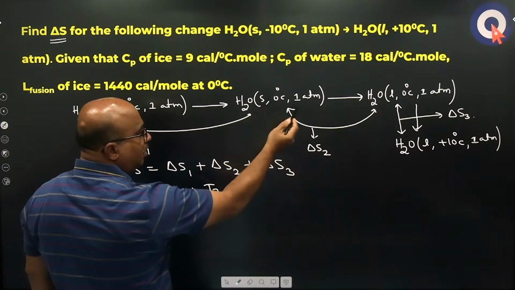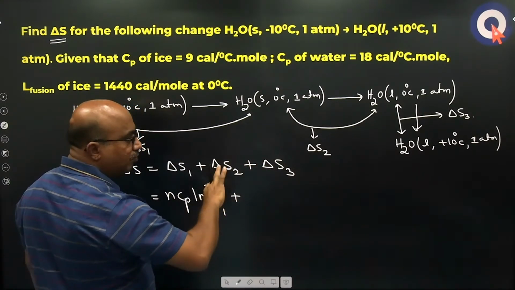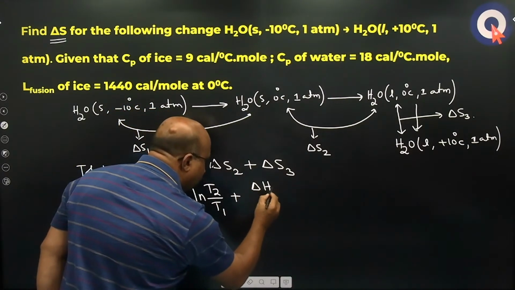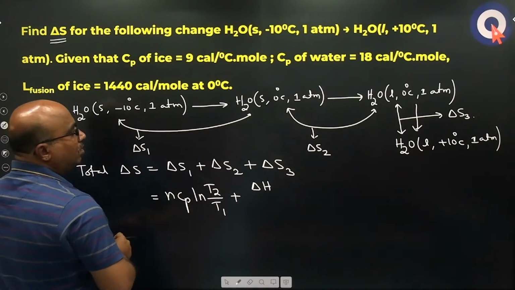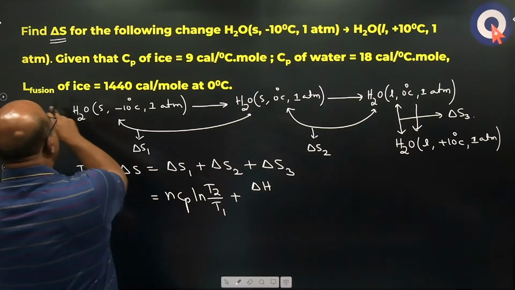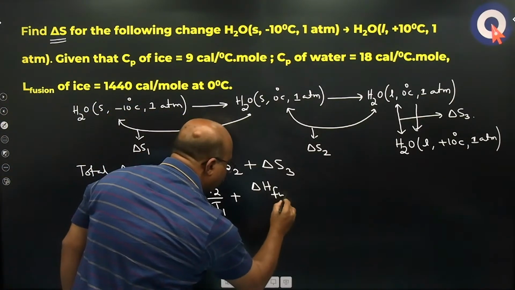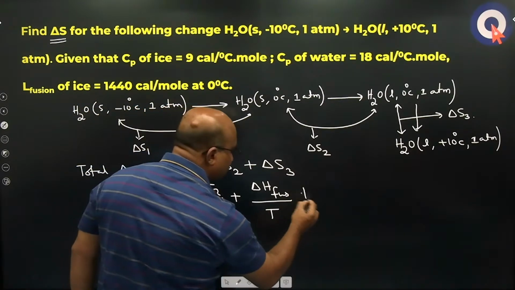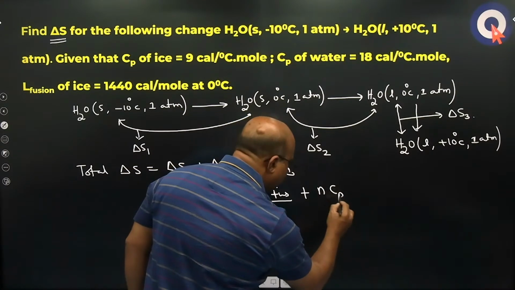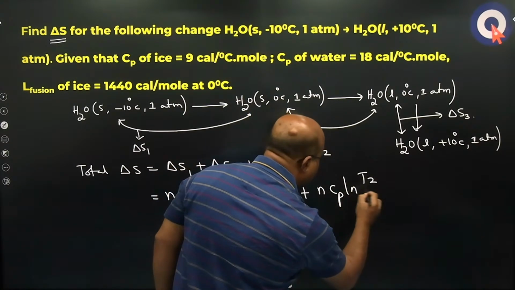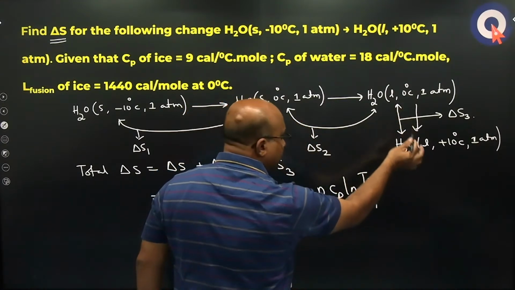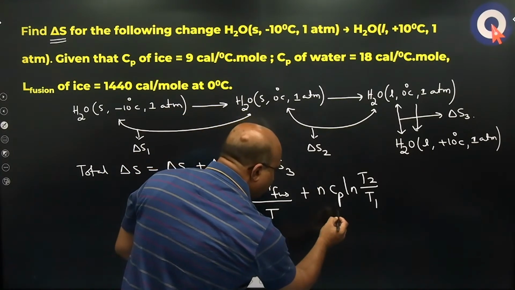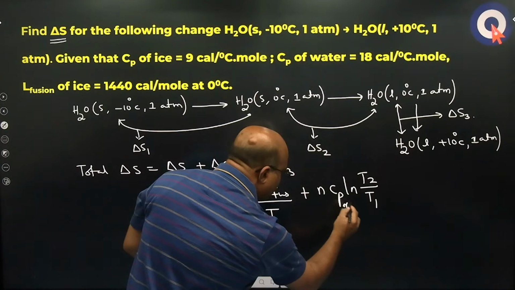Here there is only a change of state, so during phase changes the entropy change can be measured by the enthalpy change of the process. The solid is converting into liquid, so it's the fusion enthalpy: delta H fusion divided by the temperature at which it happens, plus again n Cp ln T2 by T1. Here only the temperature changes at constant pressure, and this is for water liquid.